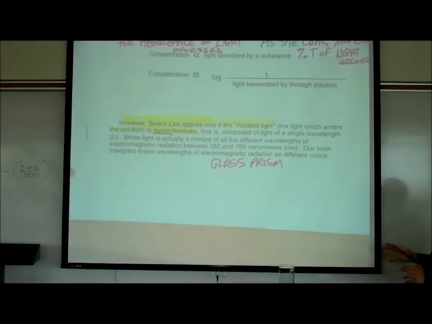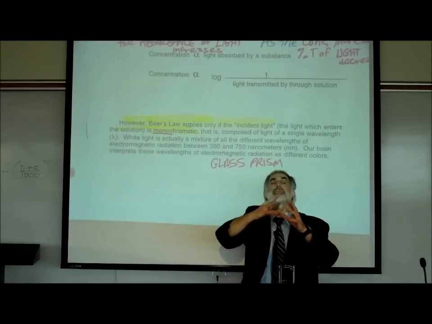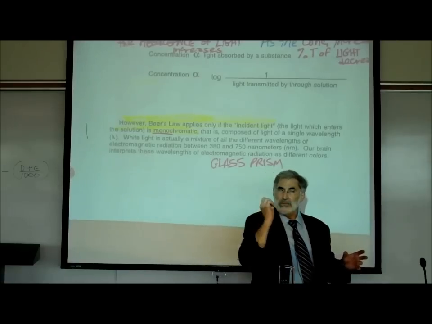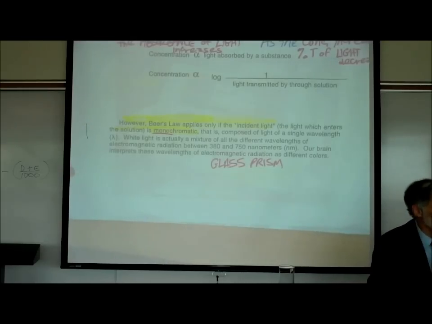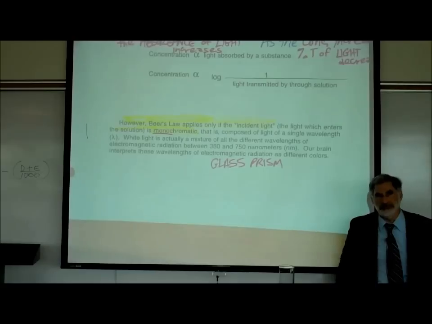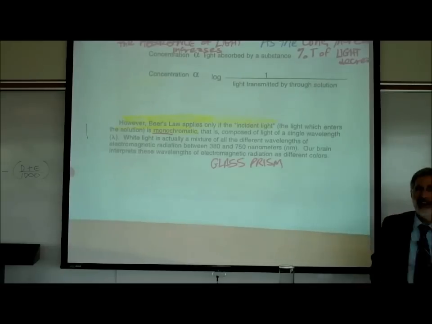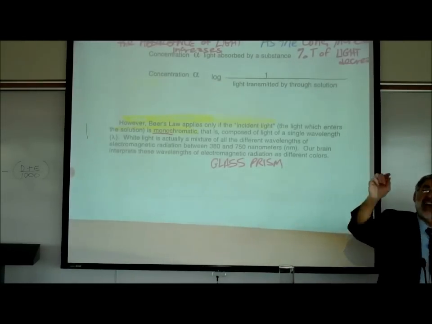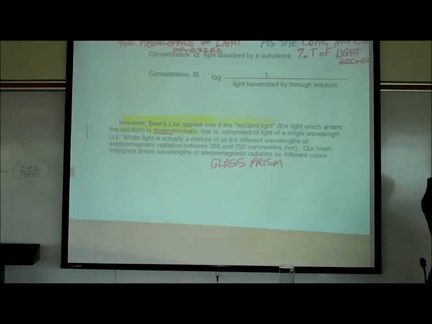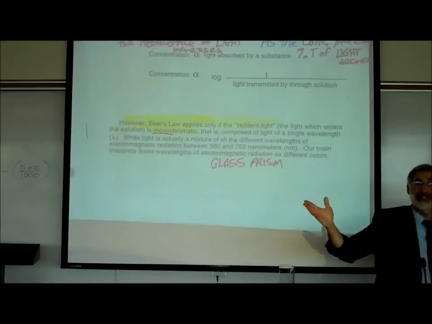All right, so I think you all know that if you pass white light through a glass prism, it breaks apart the light into all the colors of the rainbow. In fact, some people know that this week we read the story of Noah and the rainbow. But anyhow, that's a whole other thing. But what is a rainbow? Every little droplet of water in the air acts like a little prism, and it breaks apart sunlight into all the colors of the rainbow.